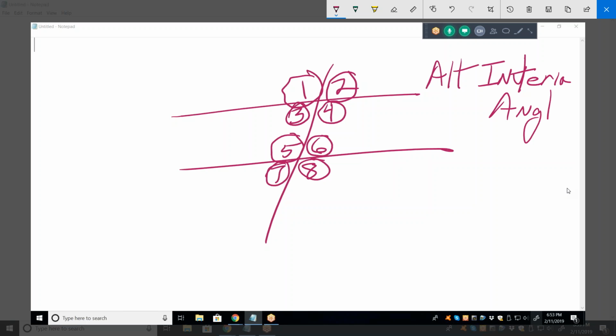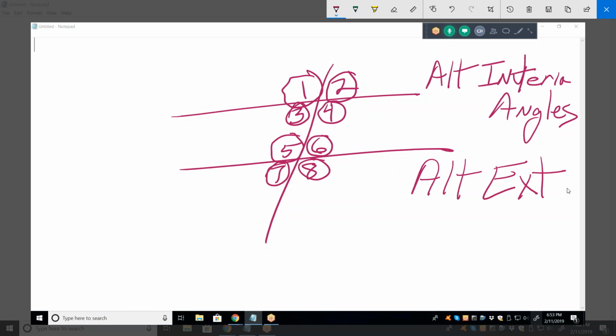Okay. And what is 1 and 8? 1 and 8 are alternate exterior angles. It's alternate because they're on opposite sides of the transversal, and it's exterior because they're outside of the two parallel lines.